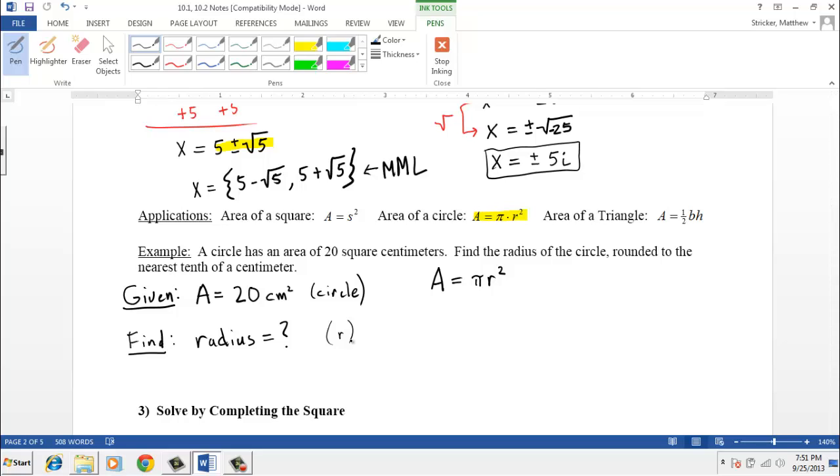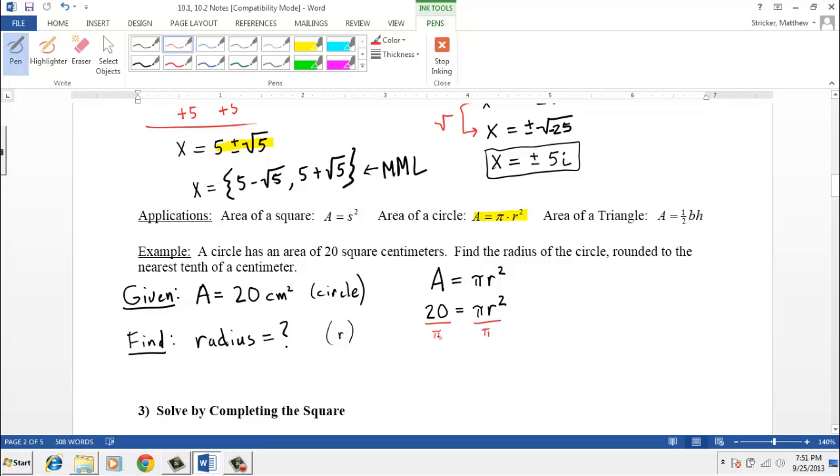So what do we do? We plug in what we know and solve for what we don't know. So we know that A is 20. That's all we know. Can I solve something like this? Well, this is almost the form that we've been solving, the form where we can extract the square. We have something squared, and we need it equal to some constant number, and we don't have the r squared isolated, so the first thing we need to do is divide by pi.